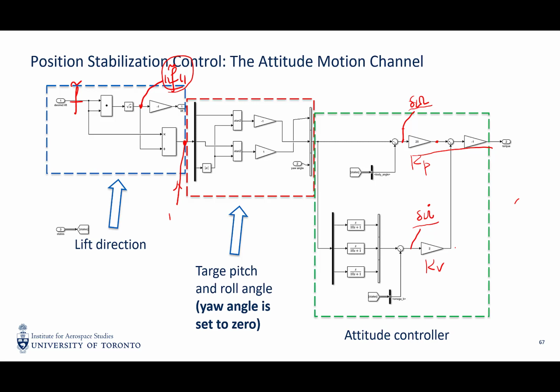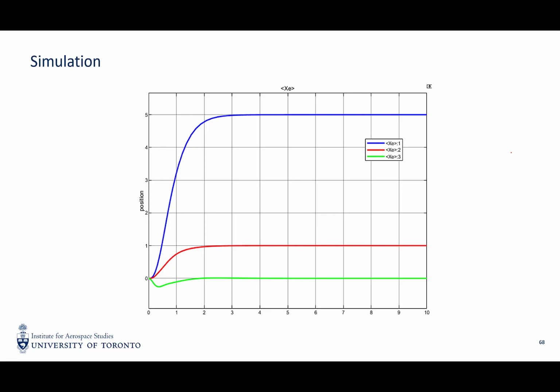Previously we have a translation channel that produces a desired lift, and we use the desired lift to construct the desired Euler angles, and then we convert the desired Euler angles to a final desired torque on the system by using the PD controller. The final simulation is shown in this figure. So it goes to 5, 1, and 0.